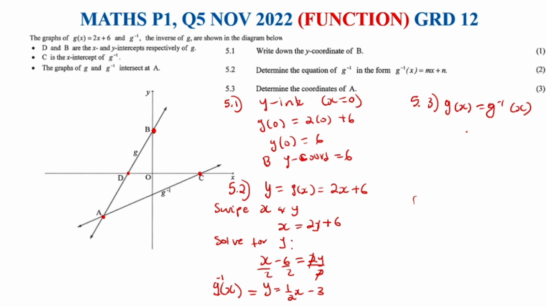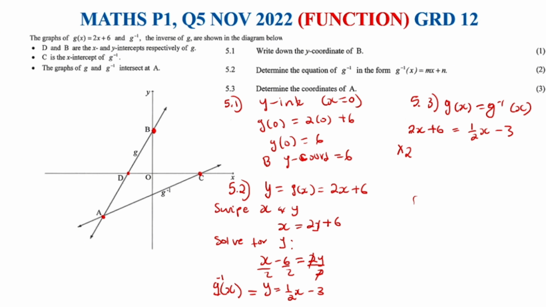The two graphs should be equal to each other. So g of x, given by 2x plus 6, is equal to half x minus 3. What we need to do here is solve for x and then also substitute that x value to find the y value. To get rid of the fraction, everything should be multiplied by 2.